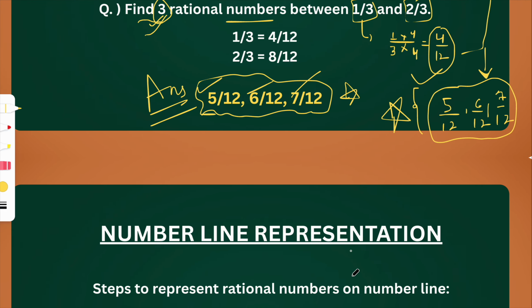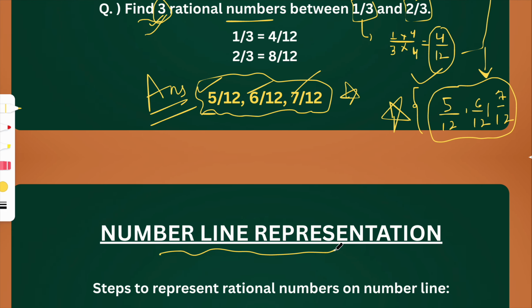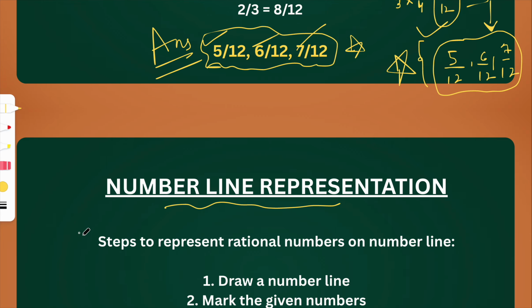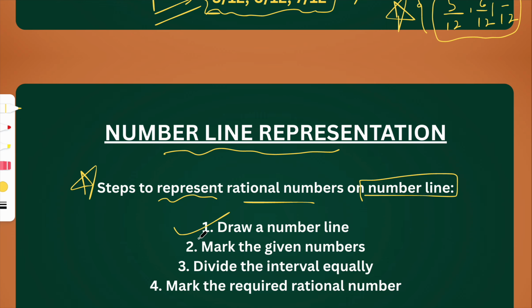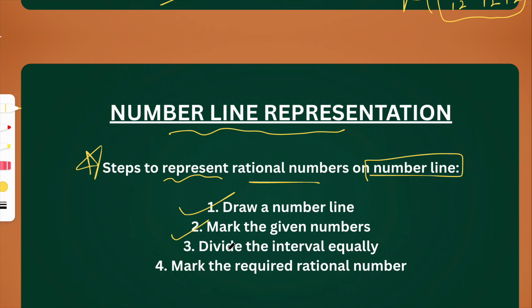So now we'll see the number line representation. Okay, so these are the steps to represent rational numbers on a number line. First draw a number line, mark the given numbers, divide the number line equally. The intervals should be equal.